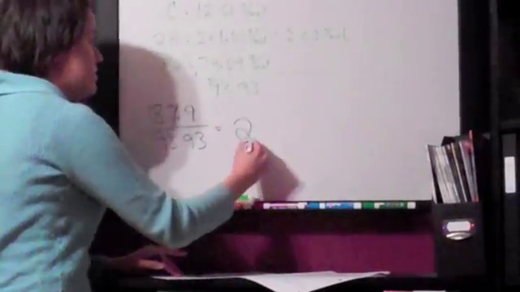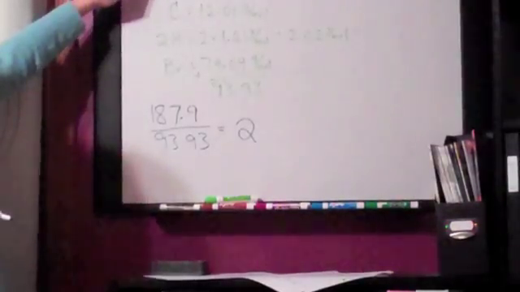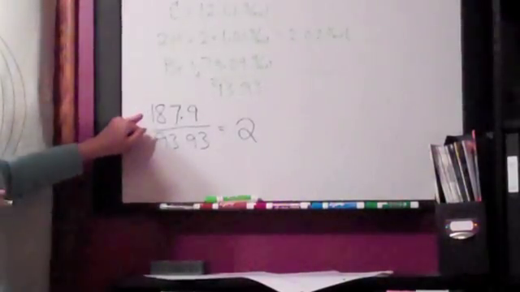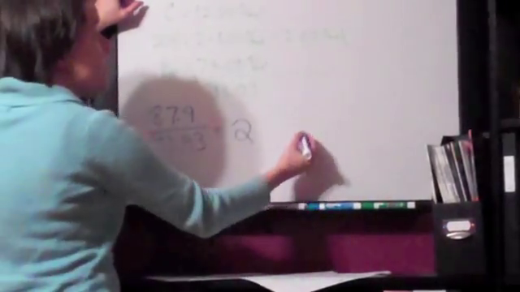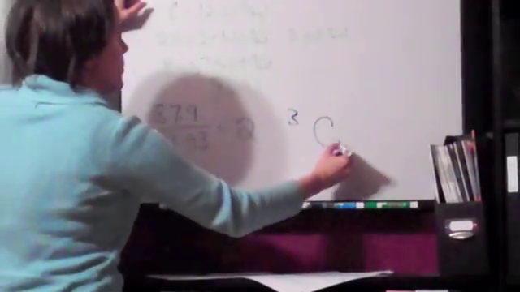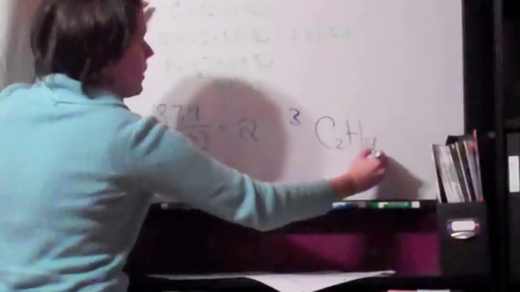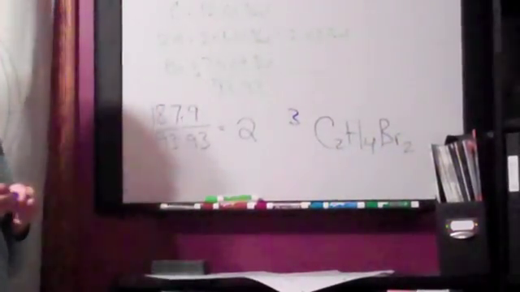I have 2. So 2 of this, CH2Br, fits into the mass of this, so I just have to multiply 2 by CH2Br. So my final molecular formula, part B, is going to be C2H4Br2. Now I've completed that problem.